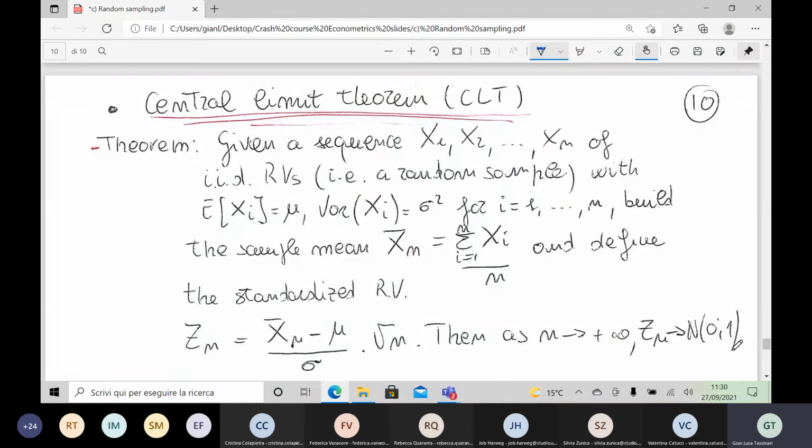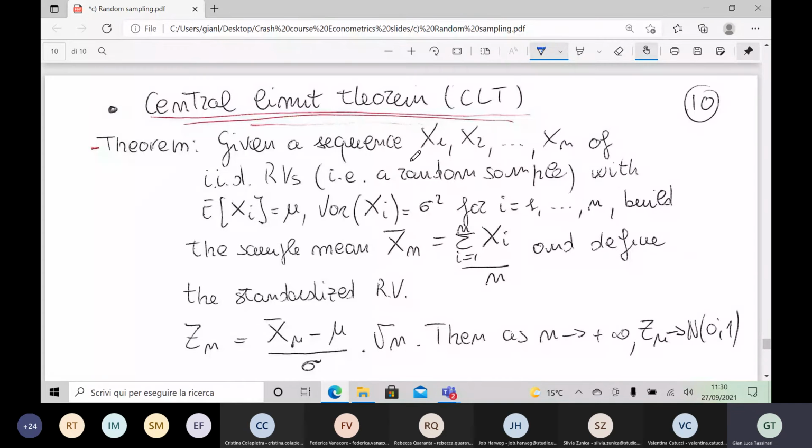The approximation becomes better and better as the dimension of the sample becomes bigger and bigger. This is called the central limit theorem. It's very fundamental because it allows you to approximate the distribution of zeta n by using a standard normal distribution, even if you know nothing about the shape of the distribution of the population.